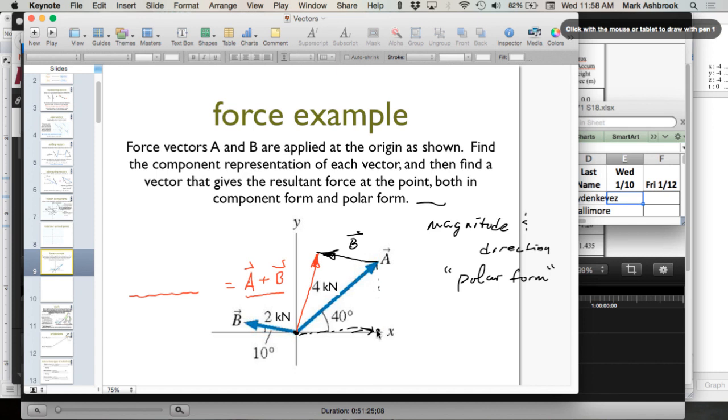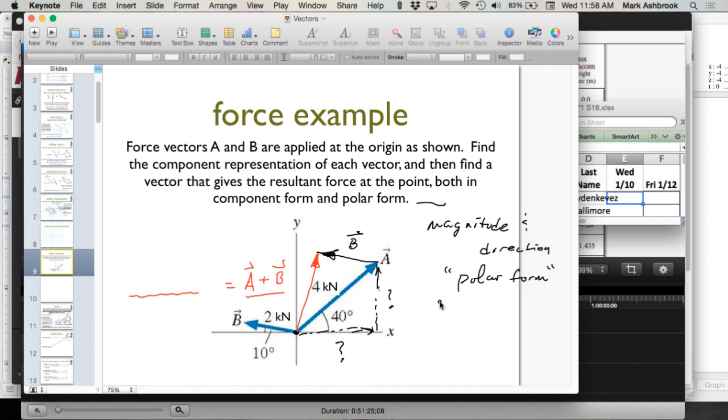A little shaky today, I guess it's the rain or something. Okay, so this is like x component of A, y component of A. And similarly, you're going to get the x and y components of B. And once you have A and B in component form, then the sum is like falling out of bed, right? Super easy.